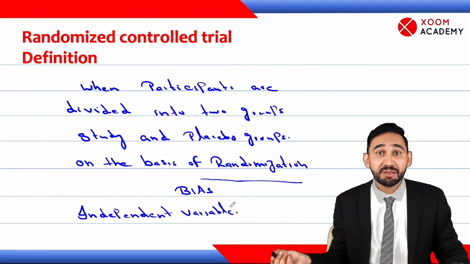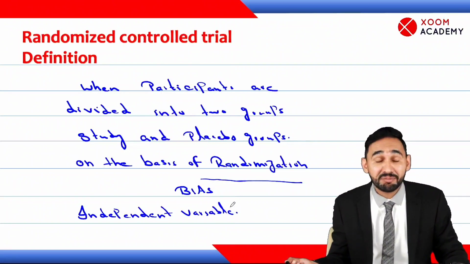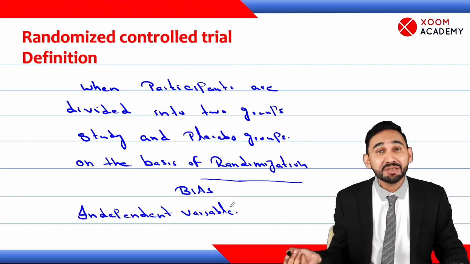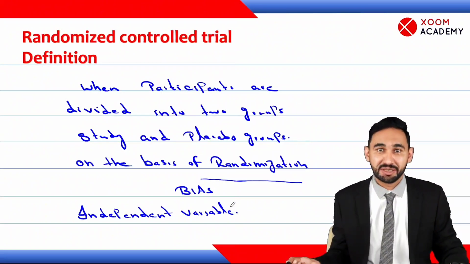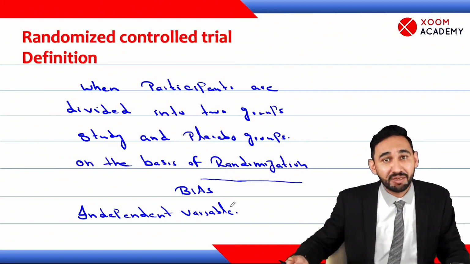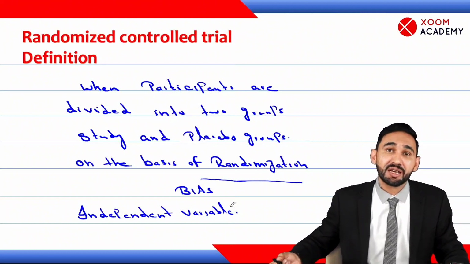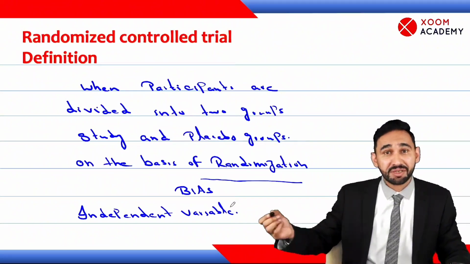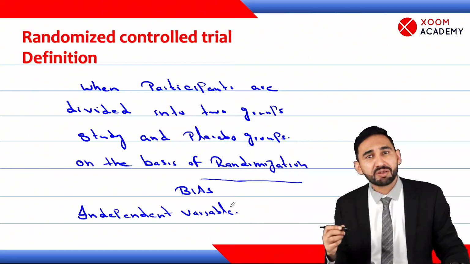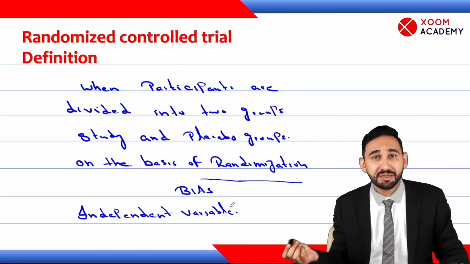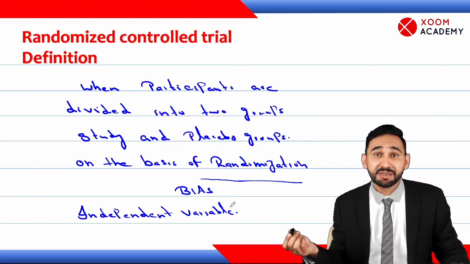We can give 50 milligram. We can give 25 milligram. This is the independent variable which is in the control of the researcher. The effect is the dependent variable. We decide the dose of the drug according to our manipulation, according to our intervention. Like we say that the dose of ciprofloxacin is 500 milligram BD for 7 or 10 days in typhoid fever.